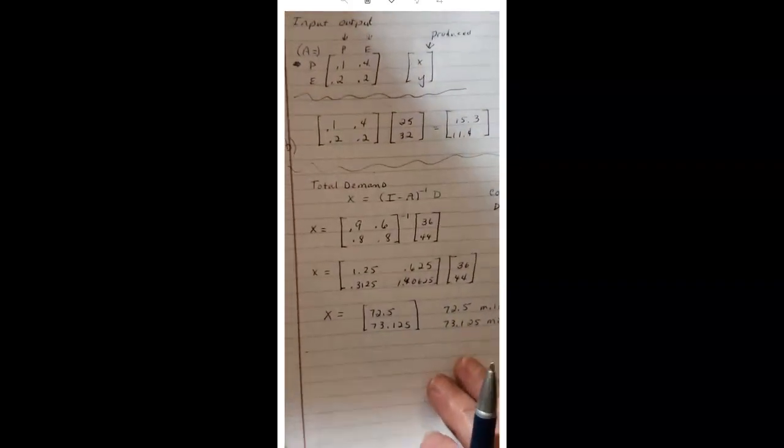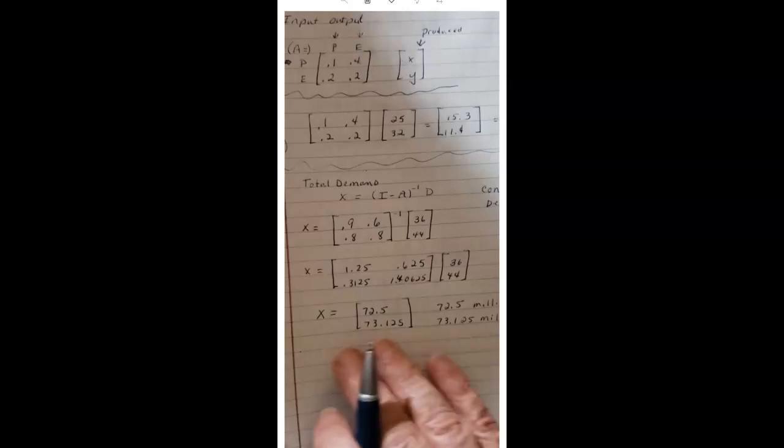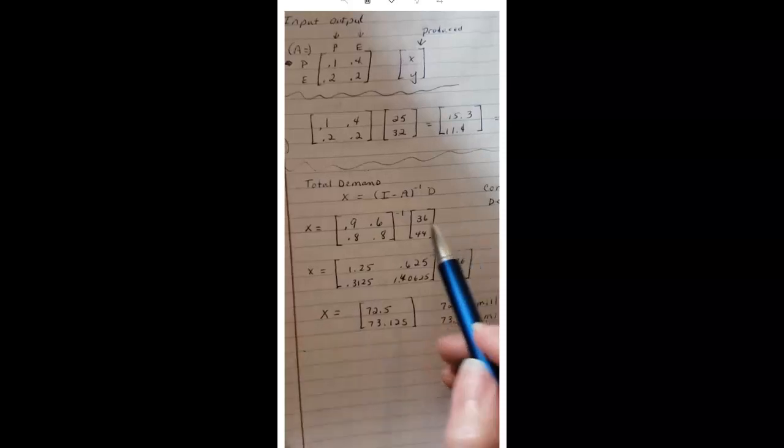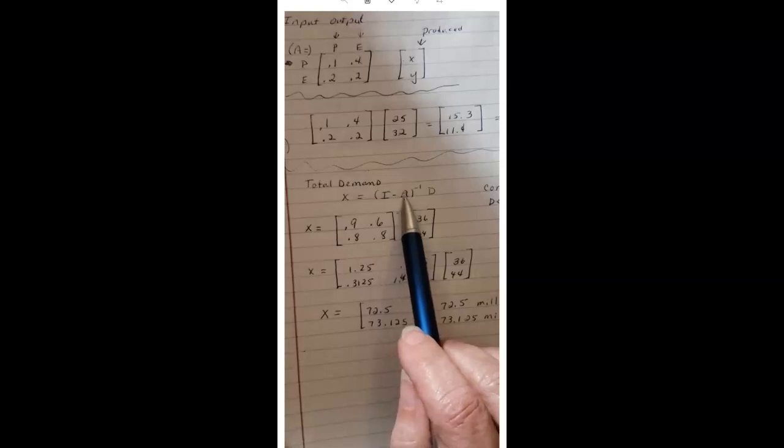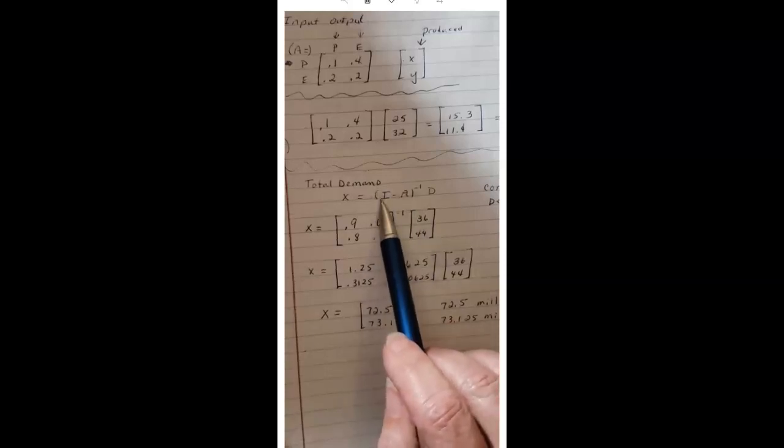And part C says, let's find out if I needed to make $36 million worth of plastic and $44 million worth of electronics and meet the consumer demand for producing that item. Again, I'm going to produce some of it internally to actually be used in the process.